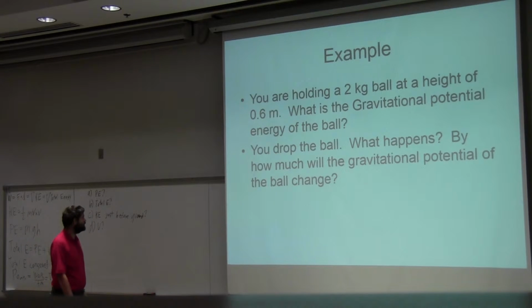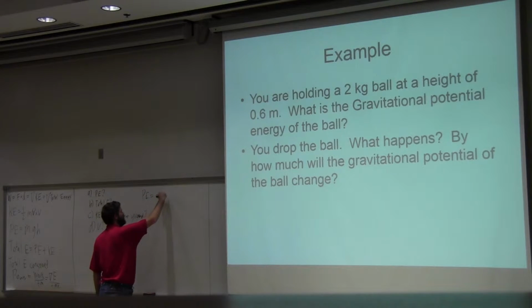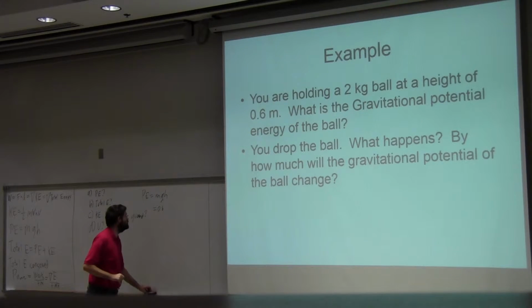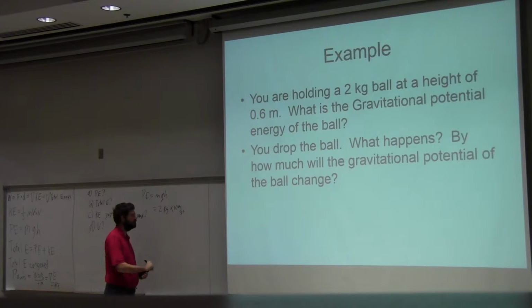Okay. So let's do this. Potential energy equals mgh, which equals 0.6 m. Sorry, 2. I put in the height for mass. 2 kilograms. And we're going to use 10 in this class just to make math easier.